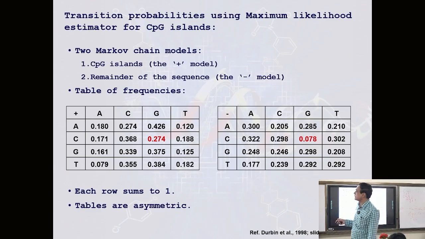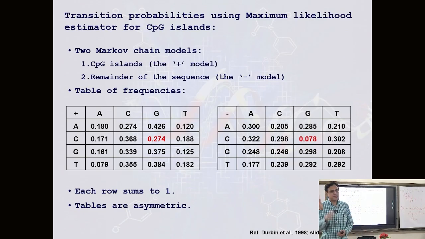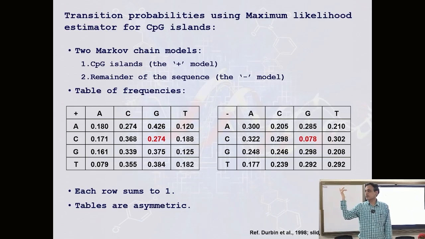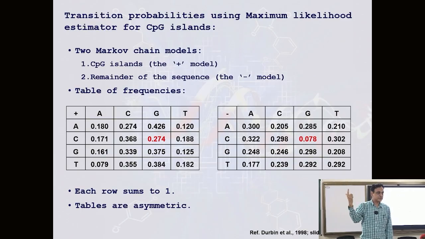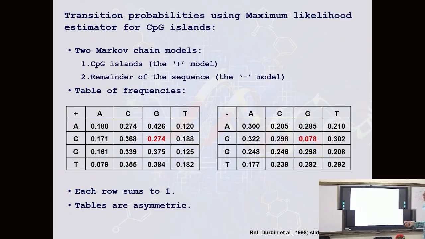So this is the probability of A given A, probability of C given A, probability of G given A, probability of T given A. All these should sum to 1, because given A you have only 4 possibilities, right? Tossing a coin, you have only 2 possibilities, head or tail. Add them up, the probability will be 1. Same thing here, so each row should sum to 1.